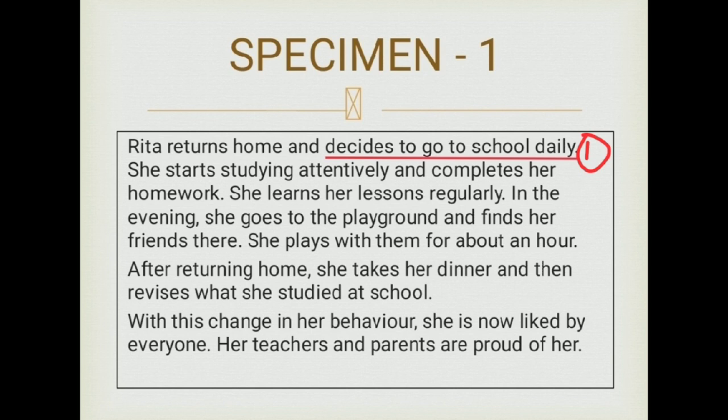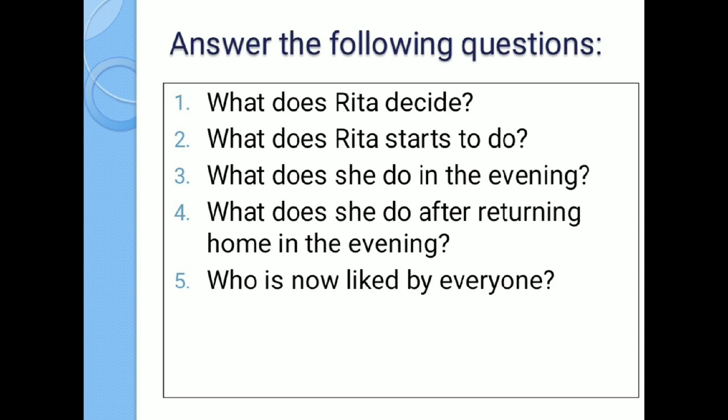Can you see here, children? I have underlined the portions where the answer is available. I have underlined "decides to go to school daily" and marked it as number 1 because that portion belongs to question number 1. Now next, we go to question number 2.